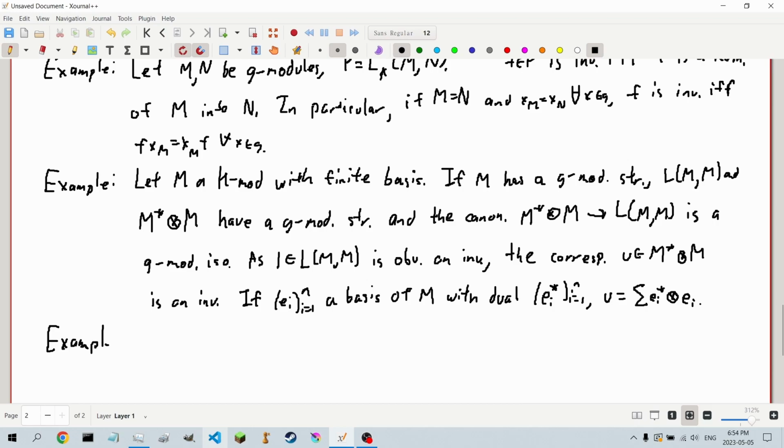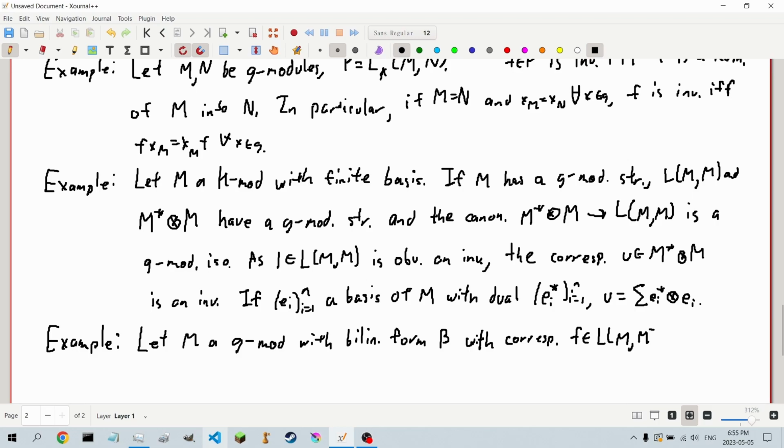And we have one last example before we move on to a couple propositions. Going to let M be a G module with a bilinear form beta, and beta has a corresponding F in the linear maps from M to M star.